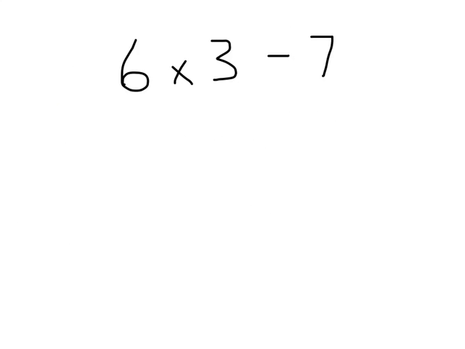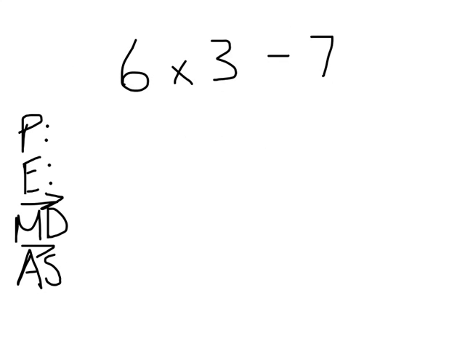Let's do another example. Copy this example down to your notes, and then write P for parentheses, brackets, and braces, E for exponents, MD for multiplication and division from left to right, and AS for addition and subtraction from left to right, down on the side of your paper. I can cross out P and E because there are no parentheses or exponents here.